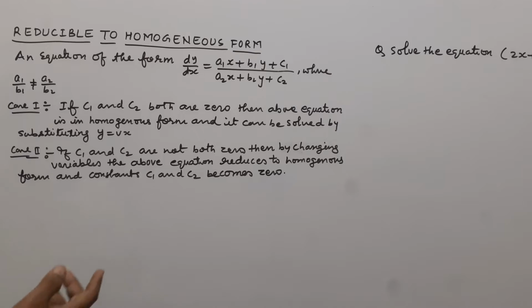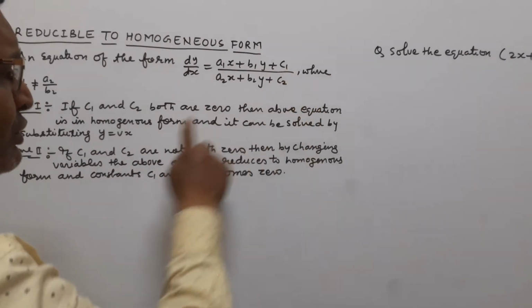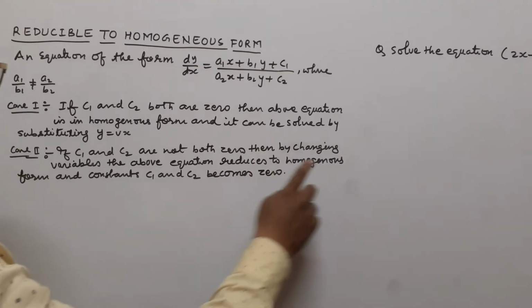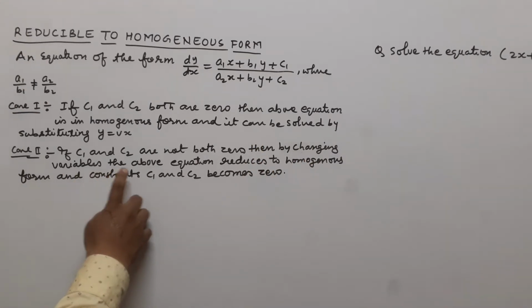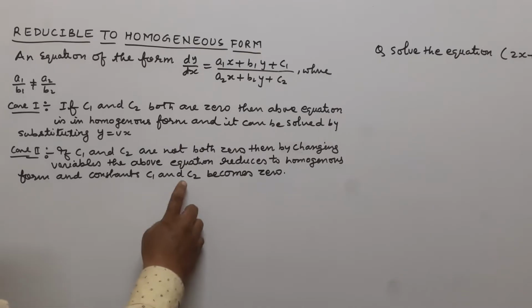In the second case, if c1 and c2 are not both 0, then by changing the variables, the above equation reduces to homogeneous form, and the constant terms c1 and c2 become 0.